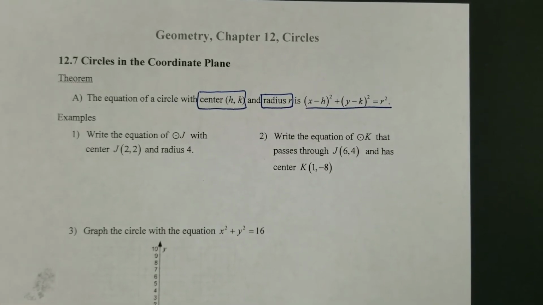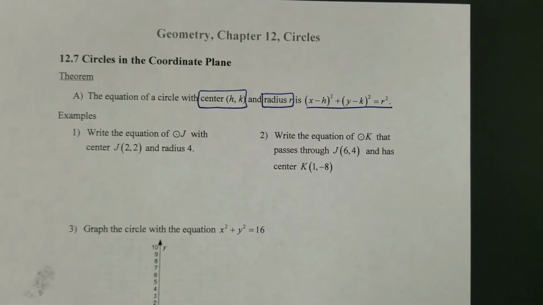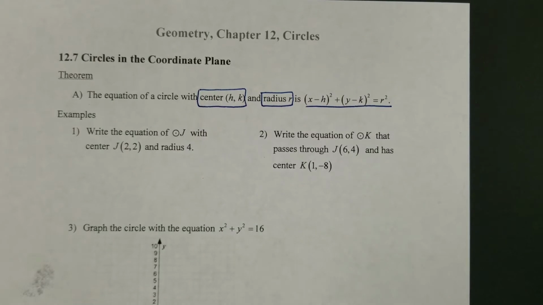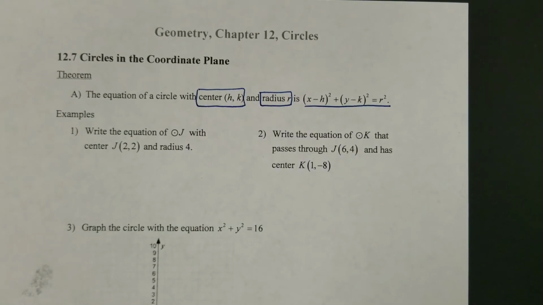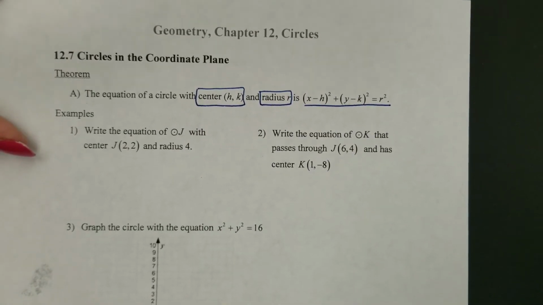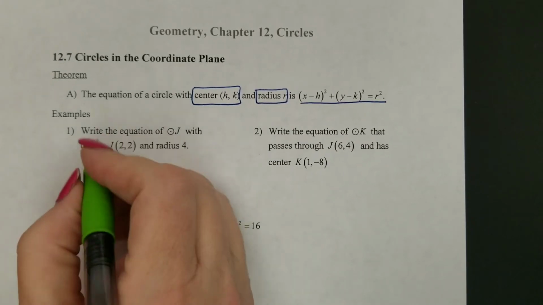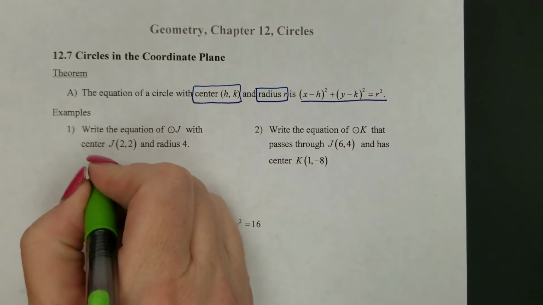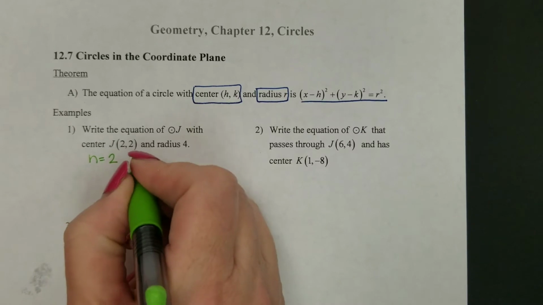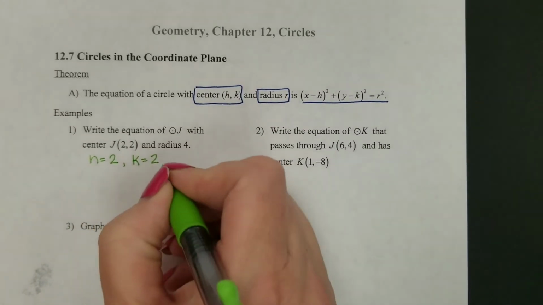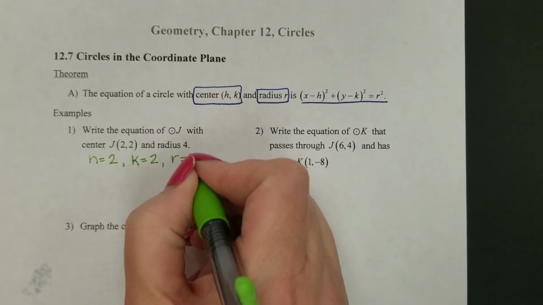So if I want to write an equation for circle J, and it has the center of (2, 2), that means h is going to equal 2, and k equals 2, and we know that r is going to equal 4.